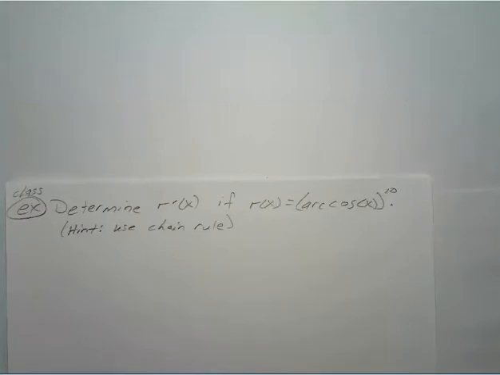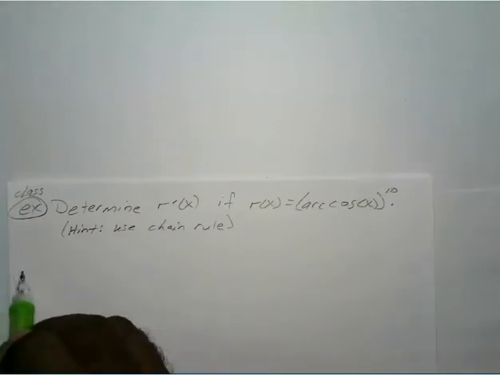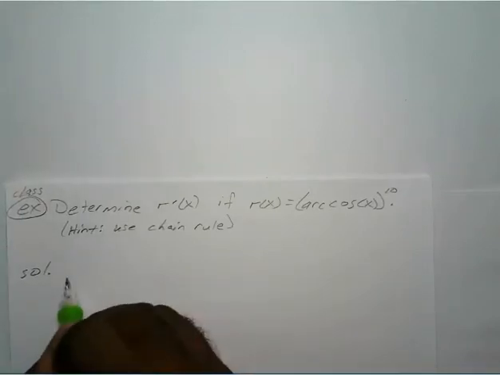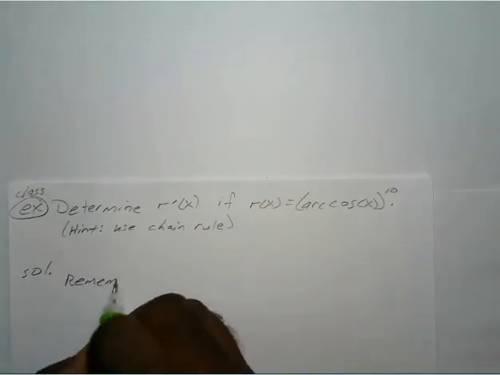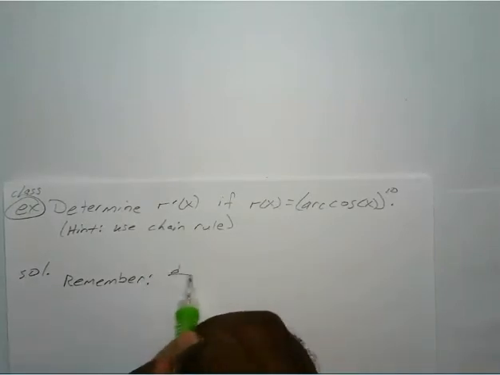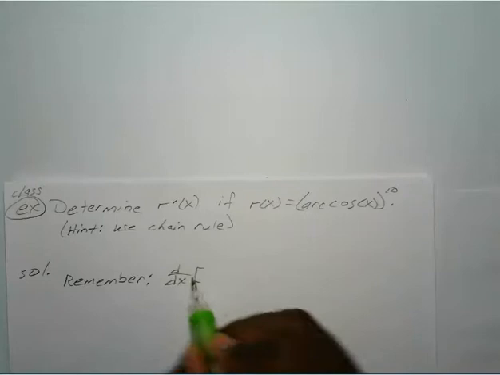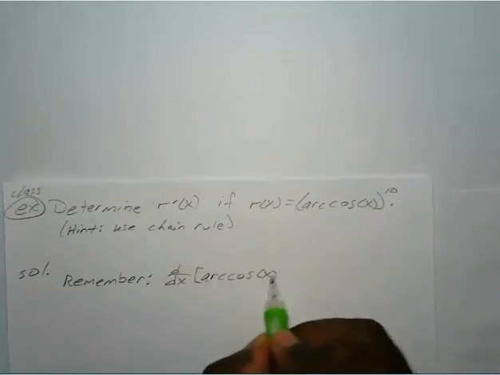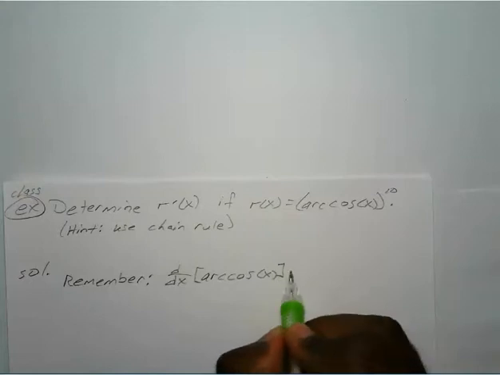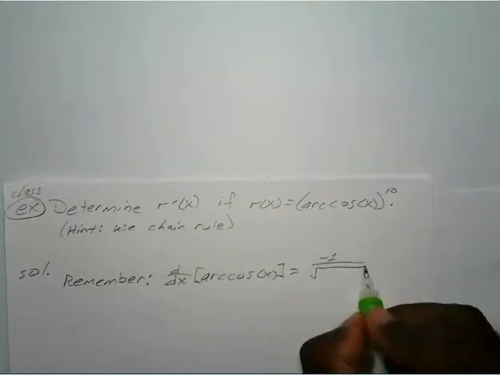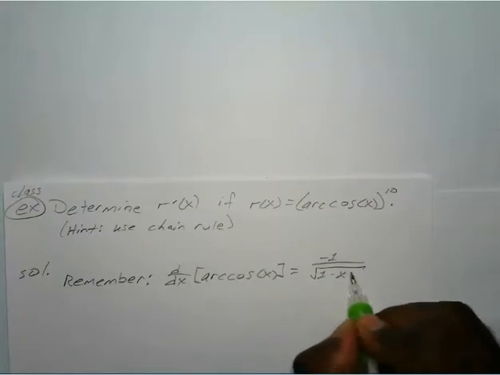I'm assuming you've pressed pause and you've worked this one out. So let's go ahead and verify your answer. You want to remember that the derivative of arc cosine of x is equal to -1 over the square root of 1 minus x squared.